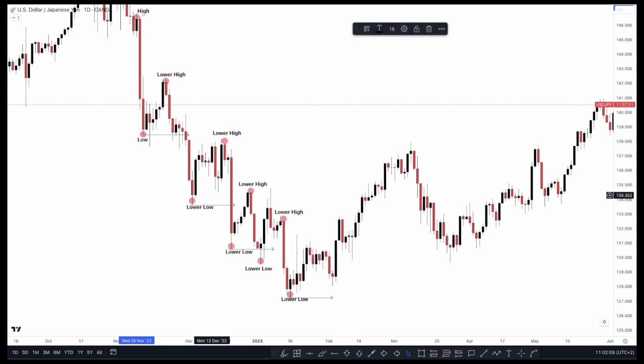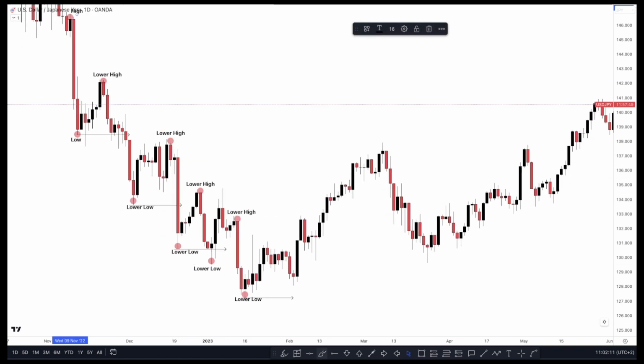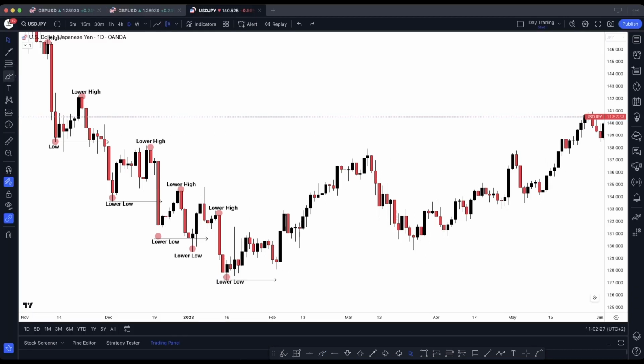It's as easy as it can be, but we will be looking at these movements right here, where price was going to the downside, and try to see how the market was moving on a lower time frame.